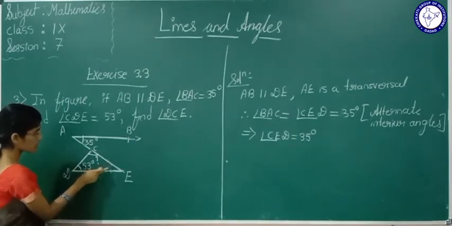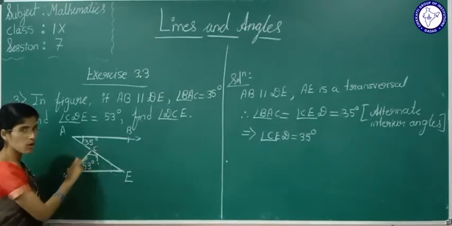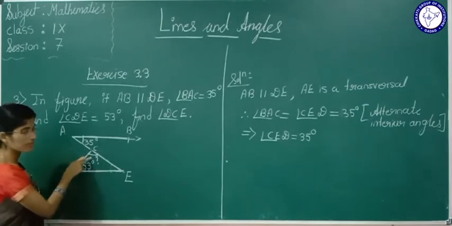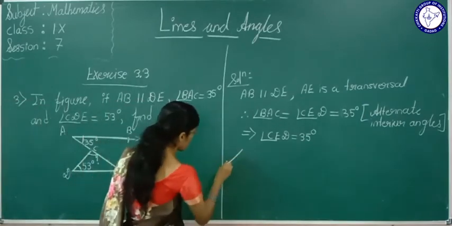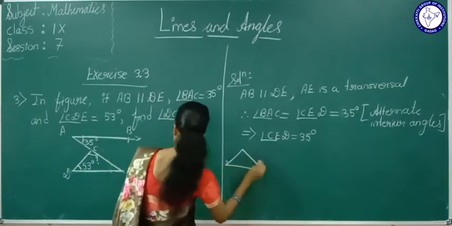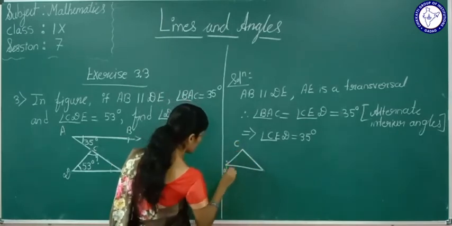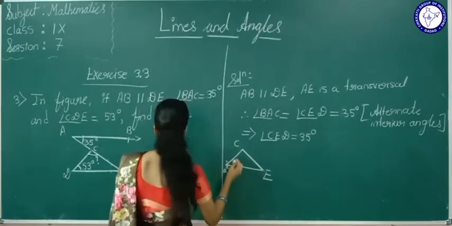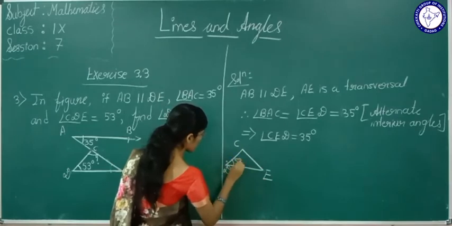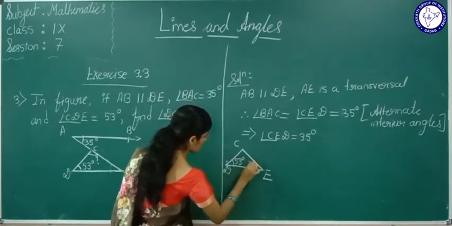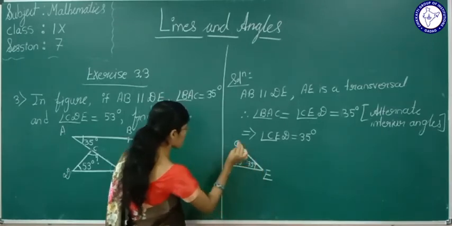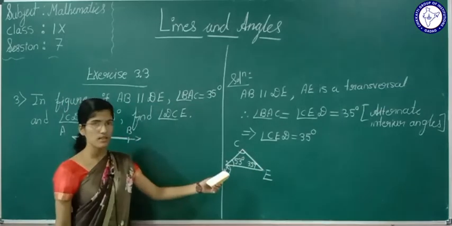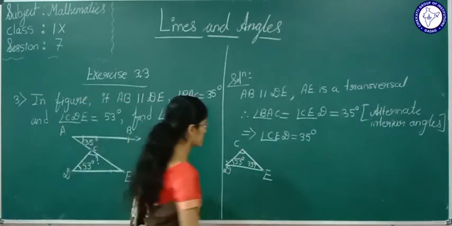If you got this 35 degree, by using angle sum property we can find out this value, no? Now see, triangle CDE. In this triangle, this is 53 degree. This we got 35 degree. They told to find out this value. By using angle sum property, we can find out? Yes. Okay.